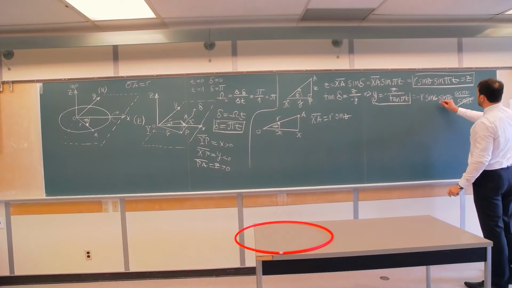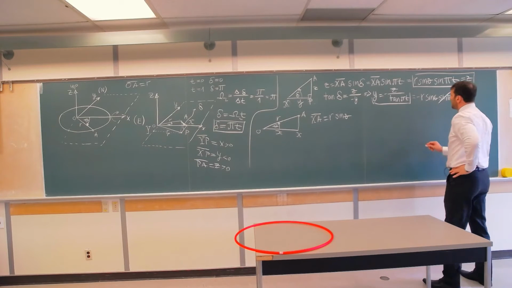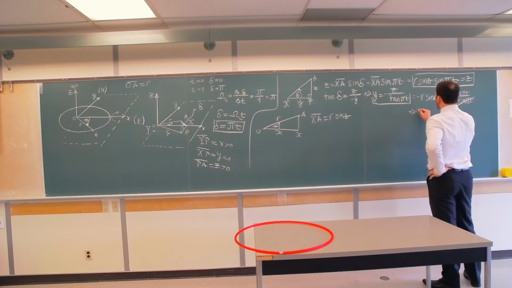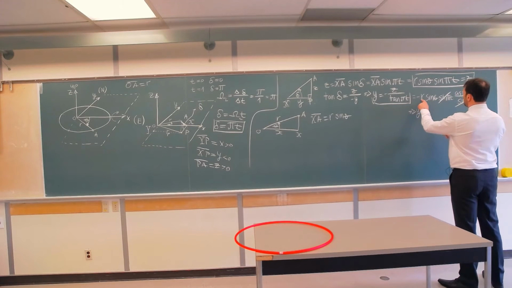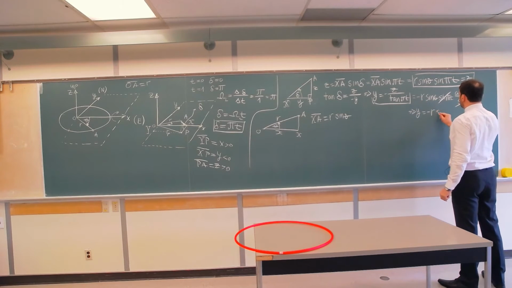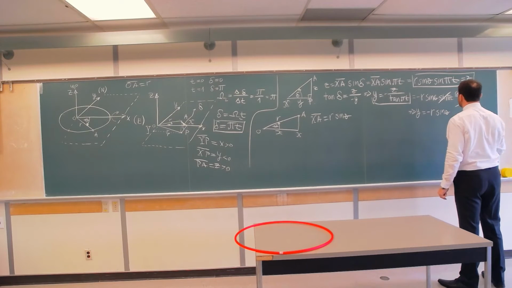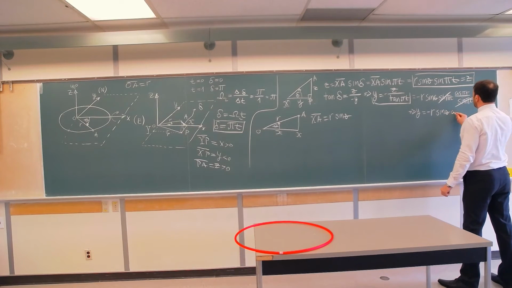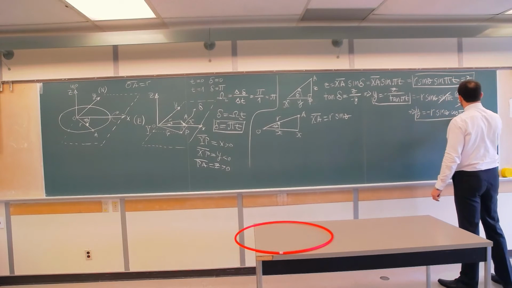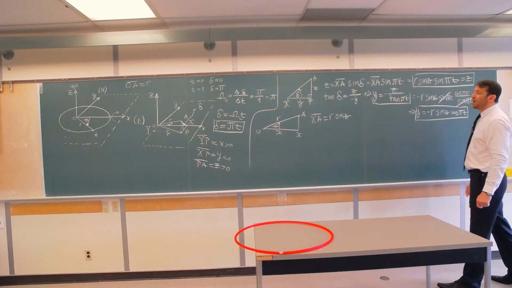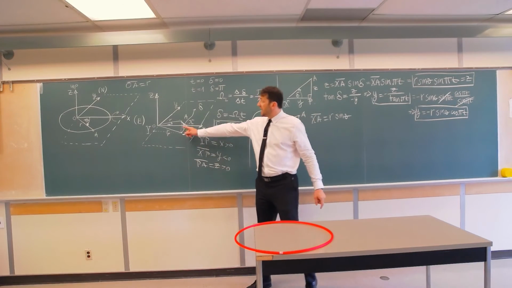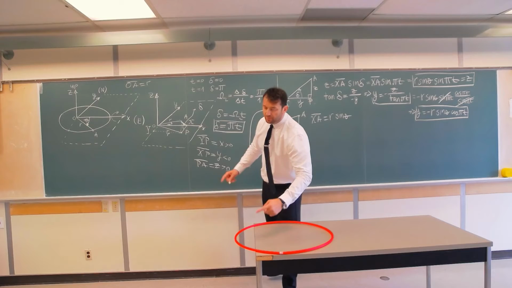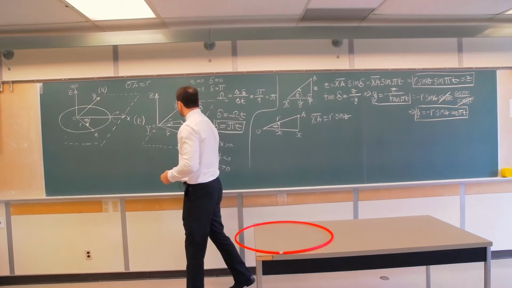So this sine and this sine cancel, and that means that Y is equal to minus R sine theta cosine pi t. This is the Y component of the point A, this white stripe that is rotating.